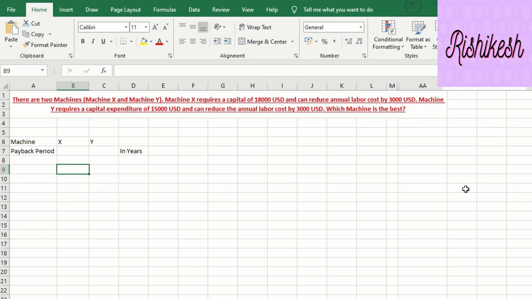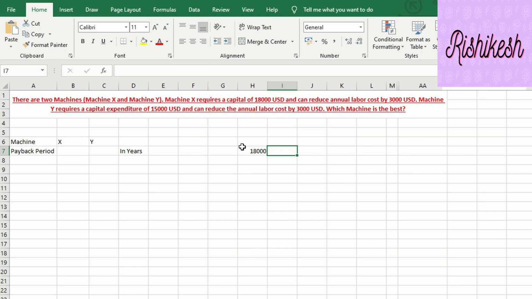Let us see this example. In this example, there are two machines, machine X and machine Y. Machine X requires a capital of 18,000 US dollars, and it can reduce the annual labor cost by 3,000 US dollars. Means, if you buy this machine X, it's going to cost you 18,000 US dollars. Because you have invested this amount, which means you have given it out, this is a cash outflow.